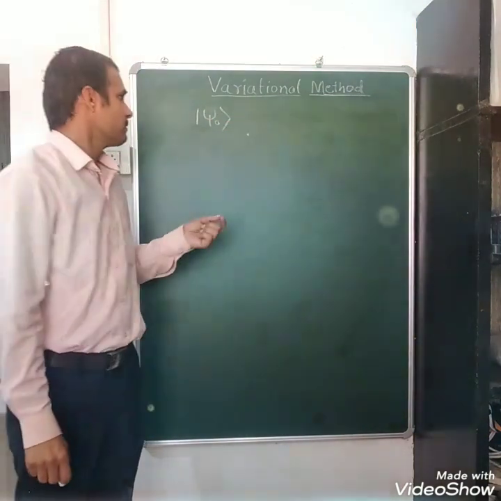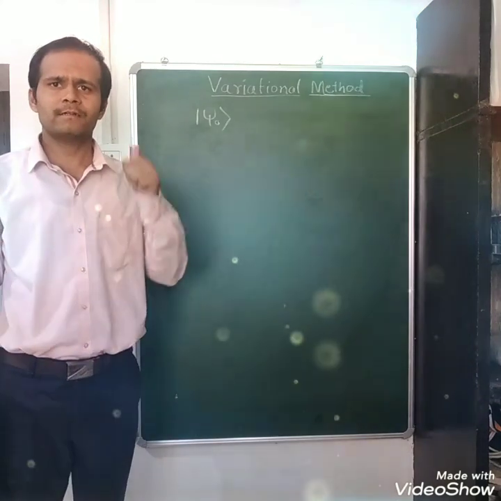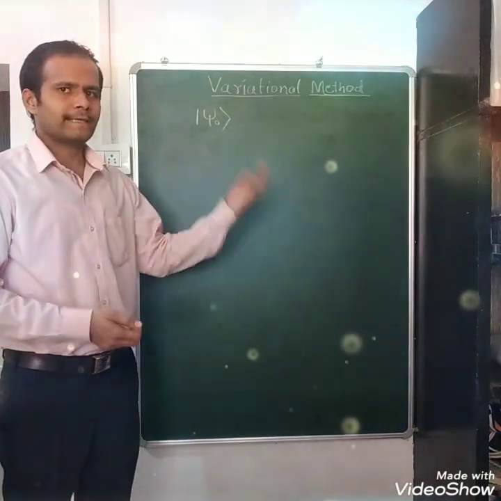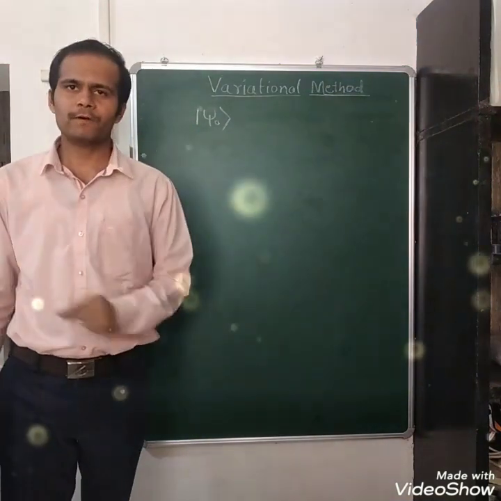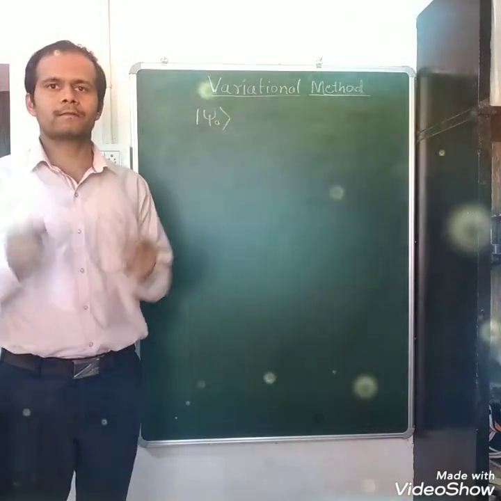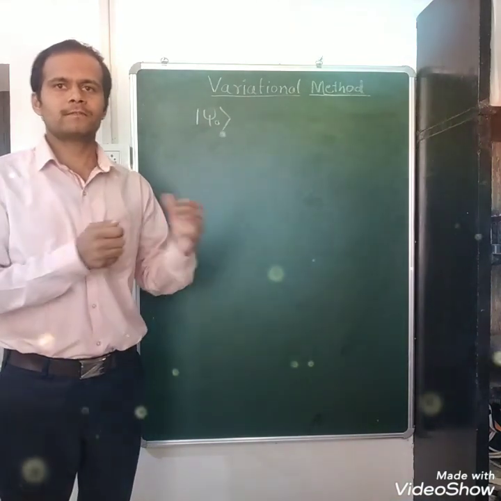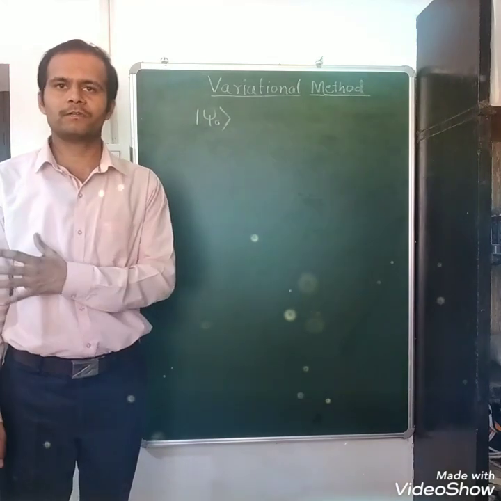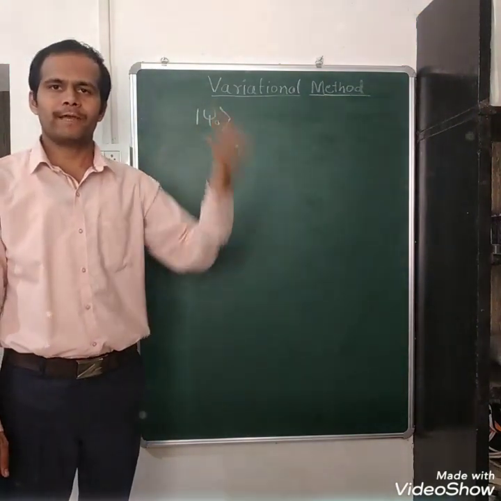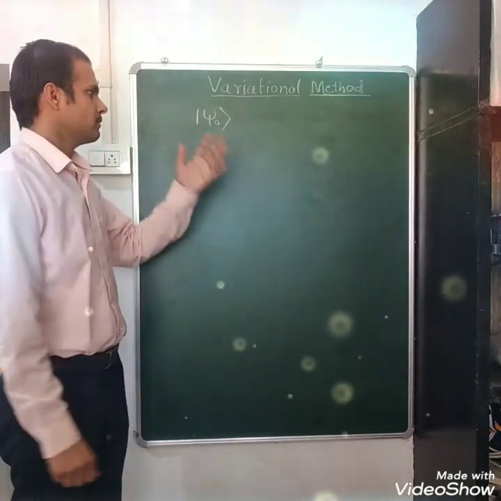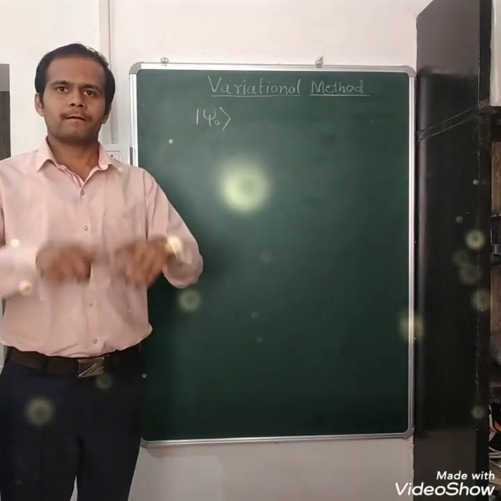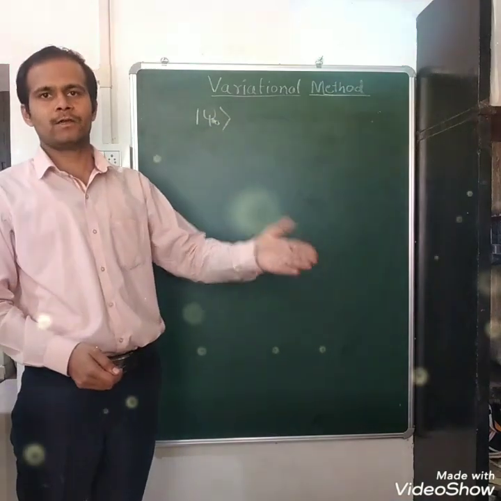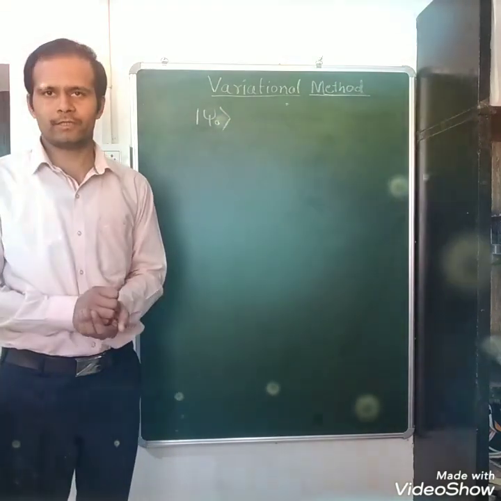If I consider psi 0, it is the trial wave function. To guess this trial wave function, we have to consider its conditions: it should vanish at infinity, or it can be written as a linear combination of eigenkets of the Hamiltonian.